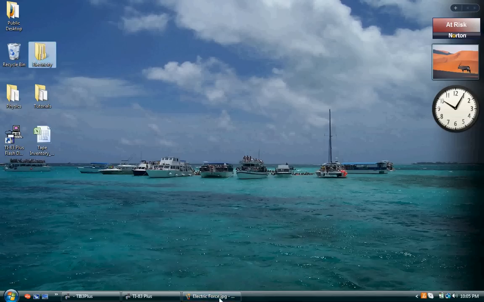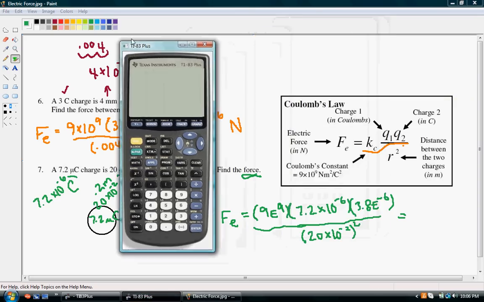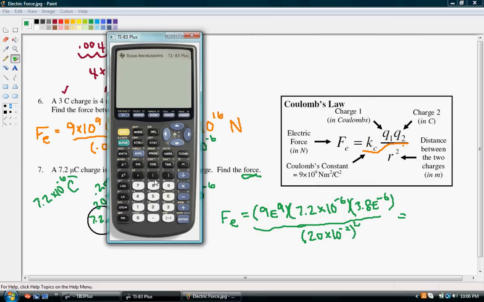Alright, so, my calculator. Say 9e to the 9th times, and if you just bump the parentheses up next to each other, it's going to assume that they're being multiplied.